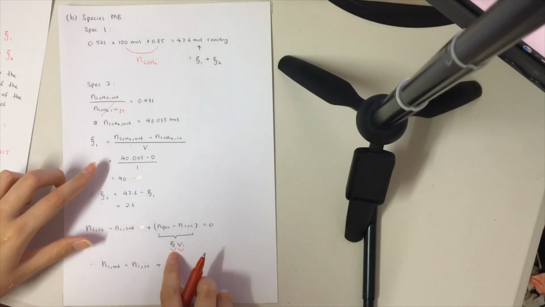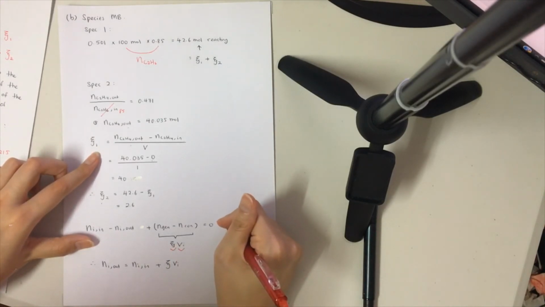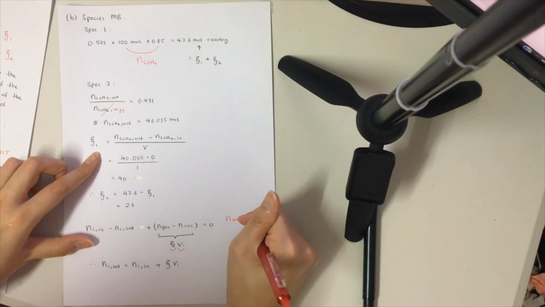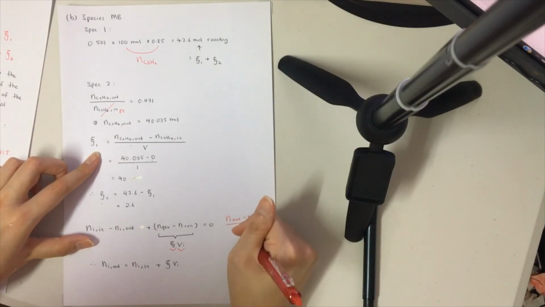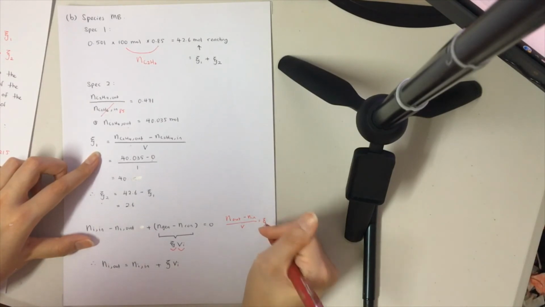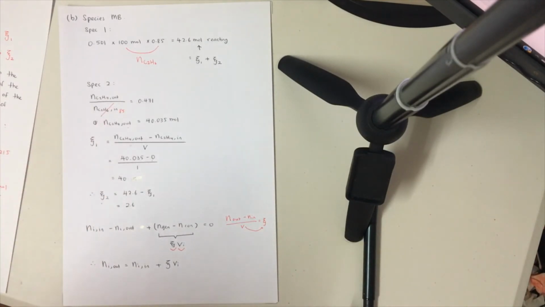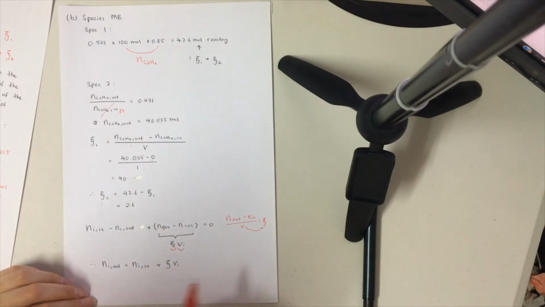This part is the same as N out minus N in over 3. Okay, so bring this over. But this one is based on the reaction.